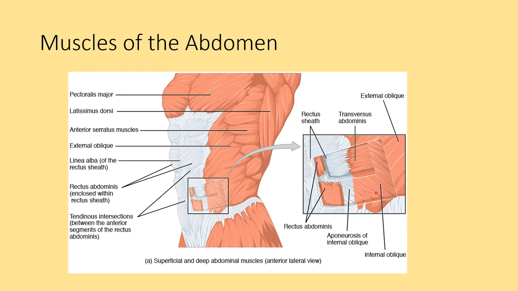And look at this, they're running in the opposite way. On the front, they're higher up, moving downwards towards the side. The externals are moving upwards towards the side. Plus, external is on the surface, internals one layer deeper. So look at the direction of these fibers.